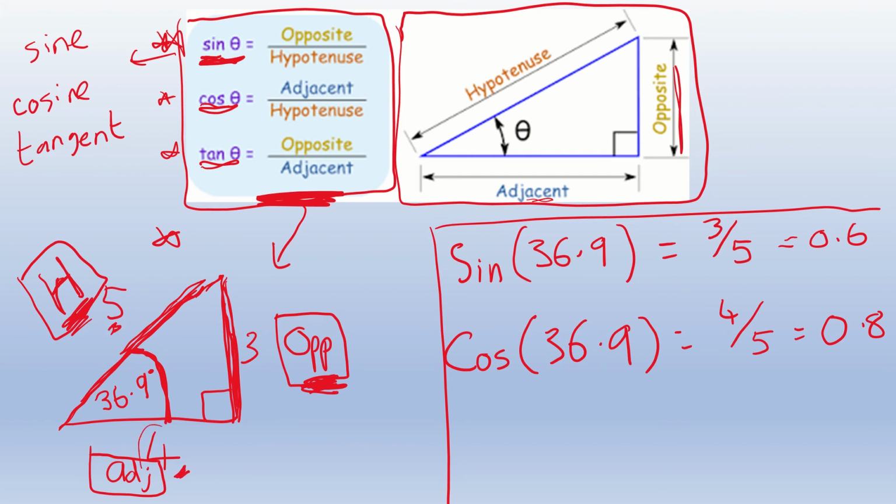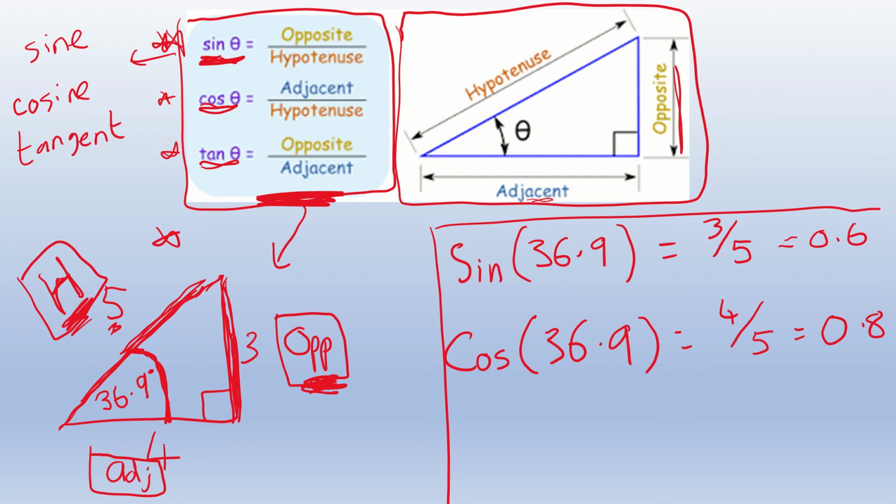If you look at it, 4 is 0.8 of 5. If you multiplied 4 by 0.8, you would get 5. Apologies, the other way around. If you multiplied 5 by 0.8, you would get 4. Apologies about that.